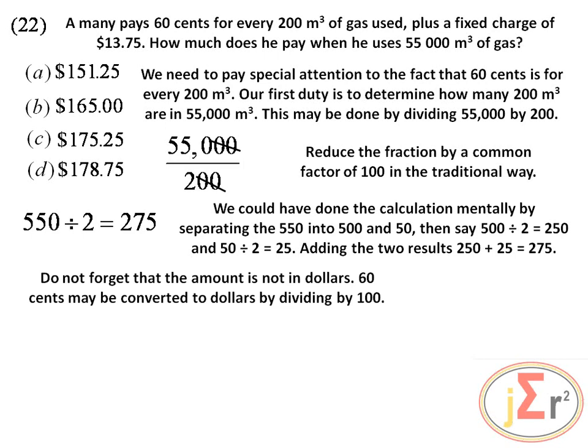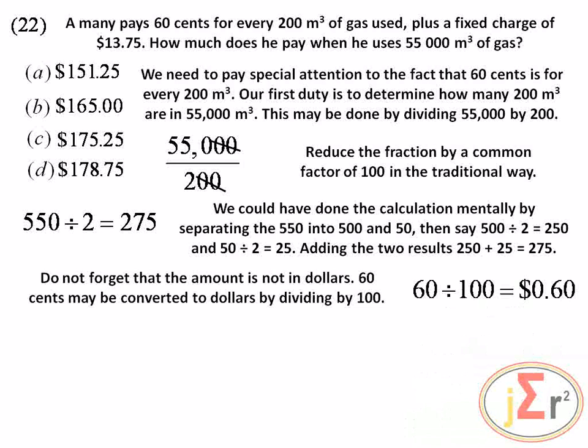60 cents may be converted to dollars by dividing by 100. Right, so we need to be aware immediately that the amount that is stated, 60, is not dollars but cents, and we need to convert because all of our options are in dollars, so we need to convert those 60 cents to dollars.